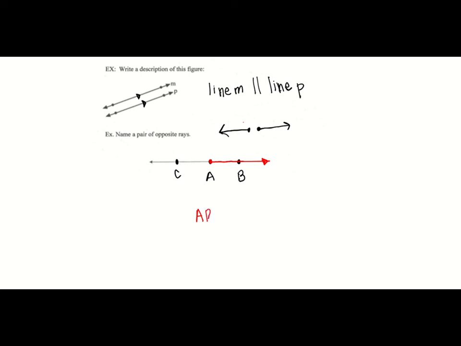Those are my 2 points on my ray. It's starting at A and going past B, so that's the direction I'm going to draw my arrow. And then I want a ray that's going in the opposite direction. So I could start at A and go this way. That ray would be AC, starting at A, going past C. So those are my two opposite rays.